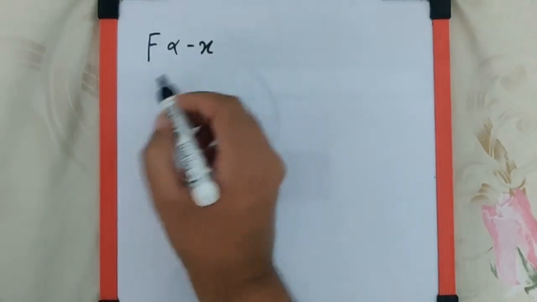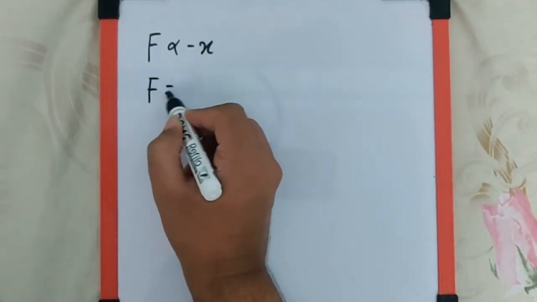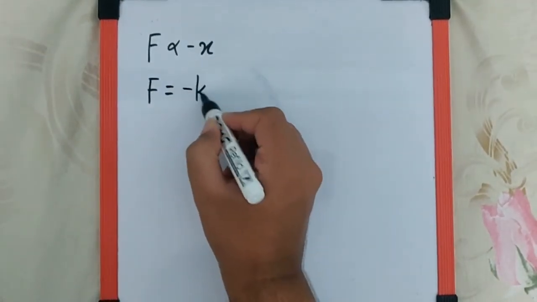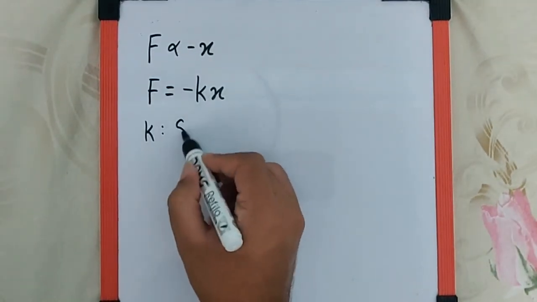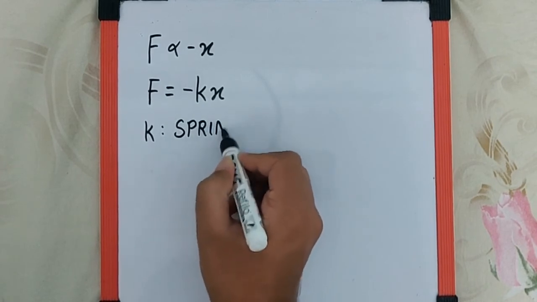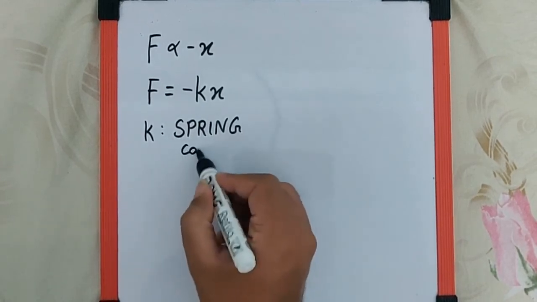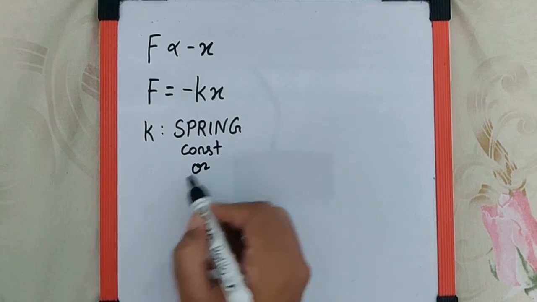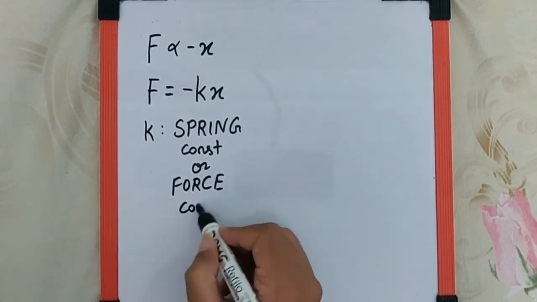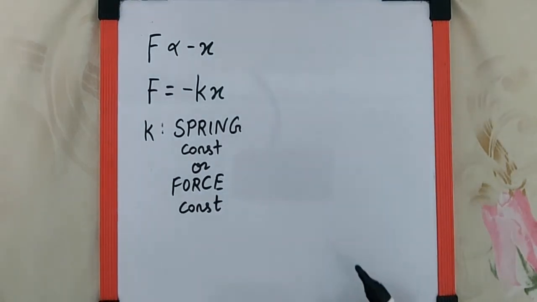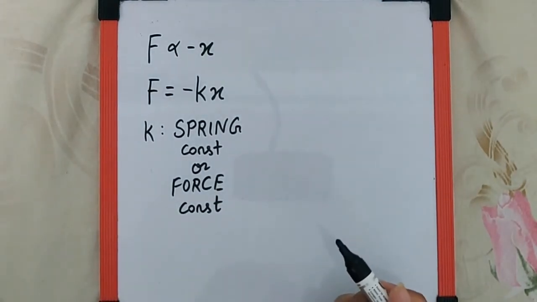So when we remove the proportionality sign, we get k as a constant. This k is called spring constant or force constant, and that is constant for a given spring.